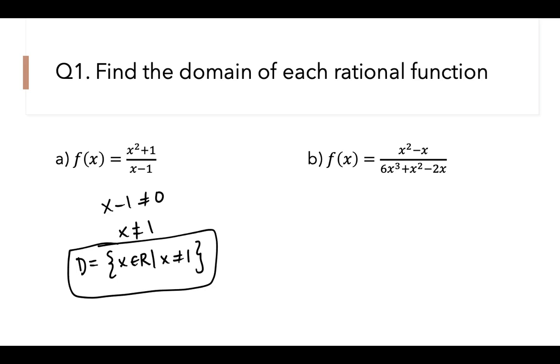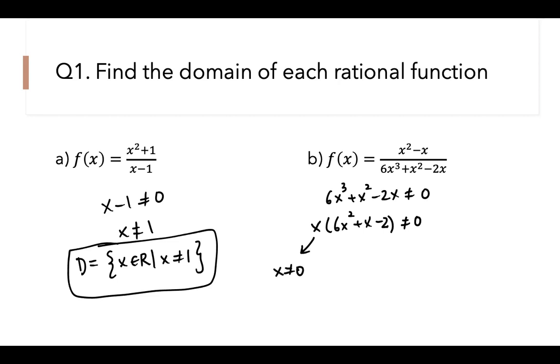Next, letter B. For the denominator, we let it not equal 0, so we want to solve for x. In this case, I could factor out a common factor of x, so 6x squared plus x minus 2 cannot equal 0. We know for this one, x cannot equal 0.